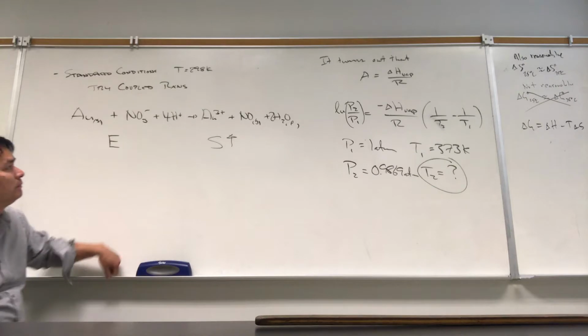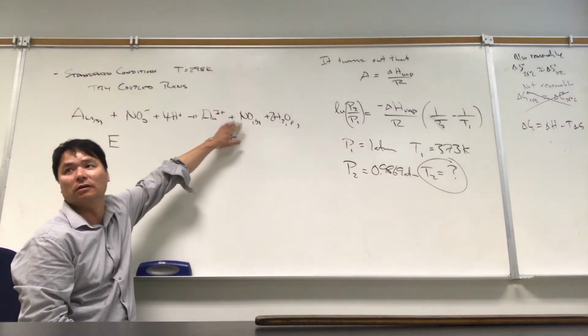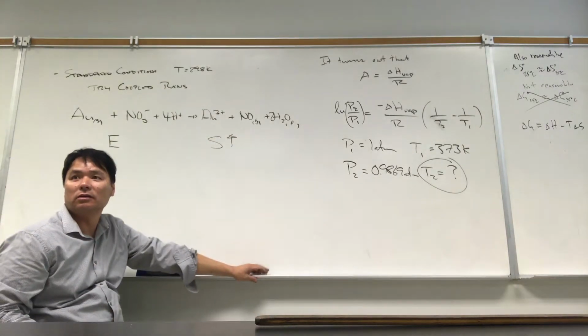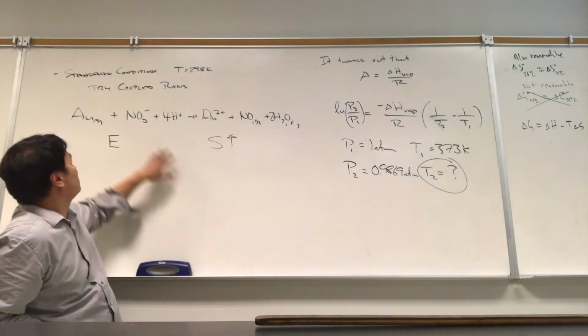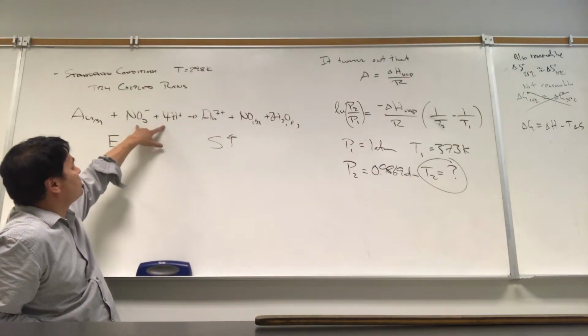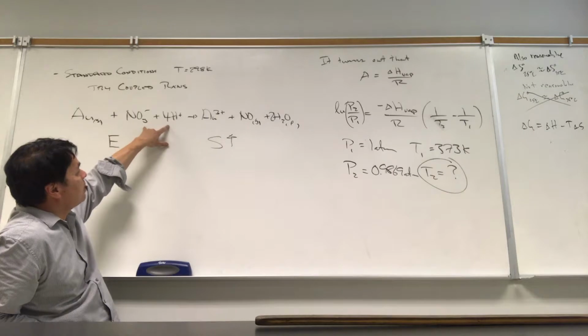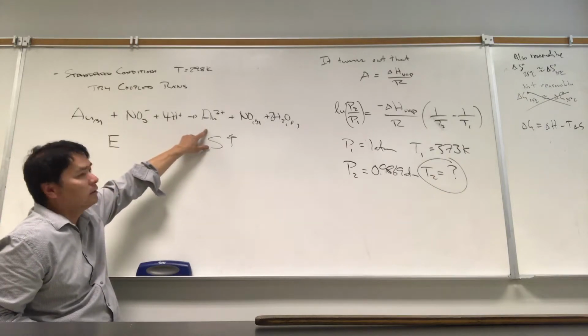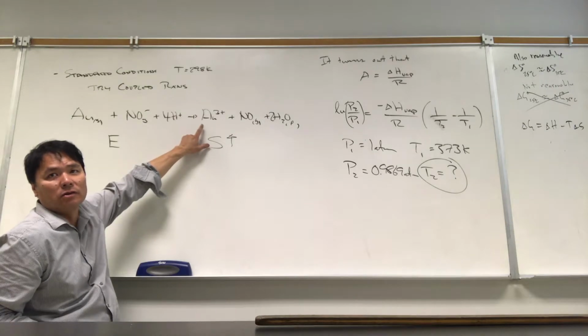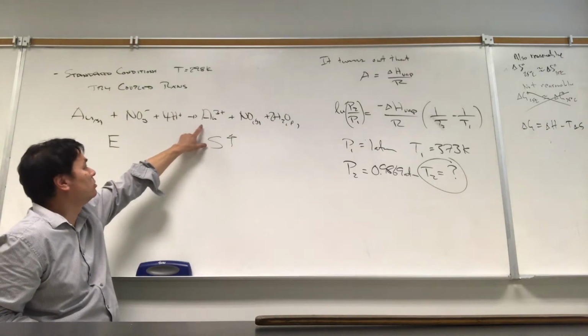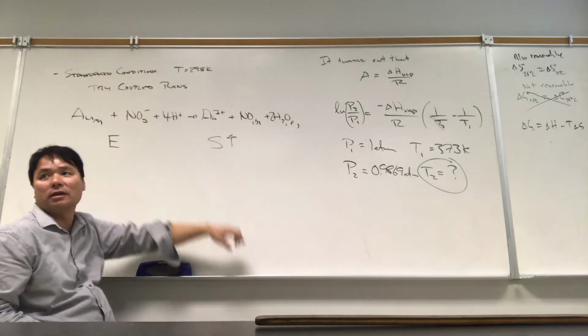Gas formation? Or stronger to weaker? Stronger to weaker oxidizer. So the oxidizer on the left is nitric acid or nitrate and H+. What's the oxidizer on the right? Gold 3+. So which one do you think is a stronger oxidizer? Gold 3+ or nitrate and acid?